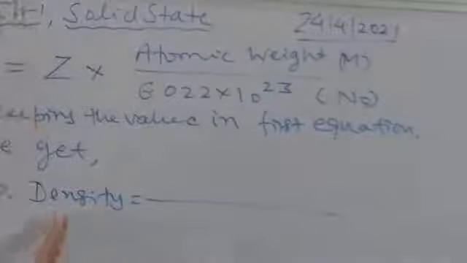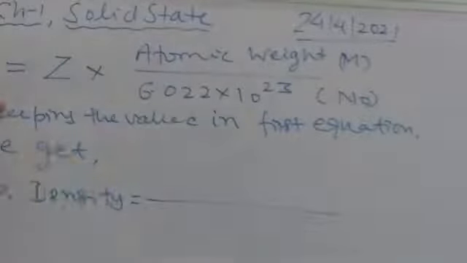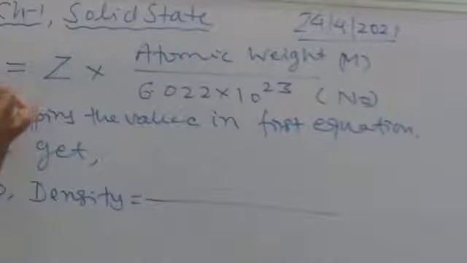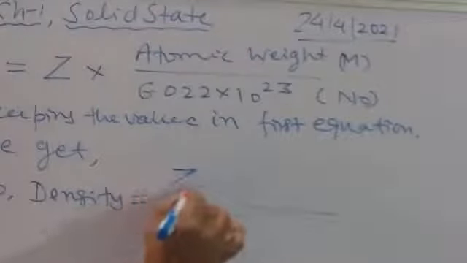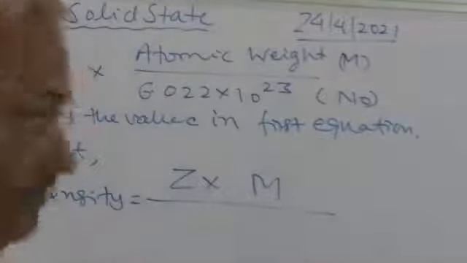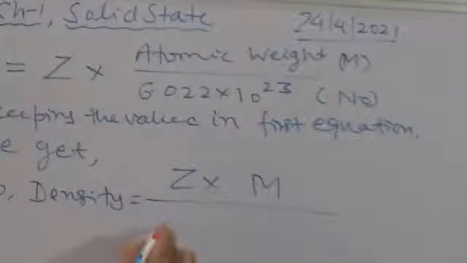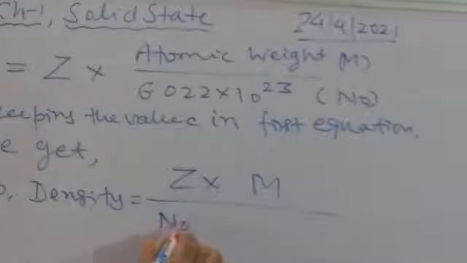Density is equal to mass upon volume. We have calculated the mass. So density is equal to Z into M upon N0.